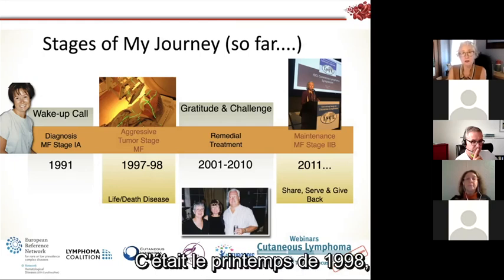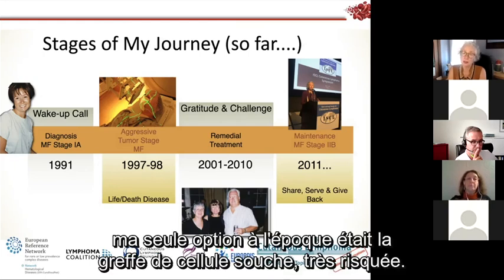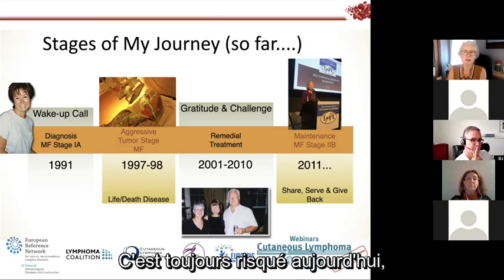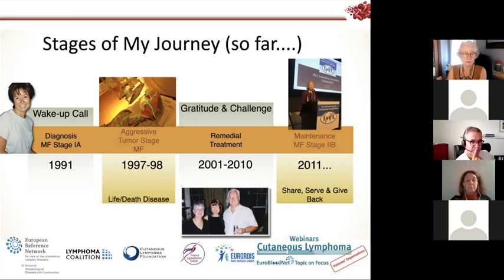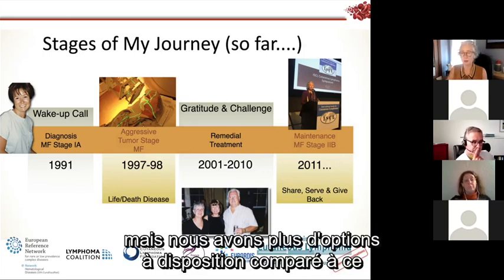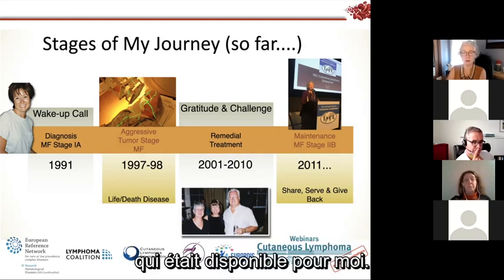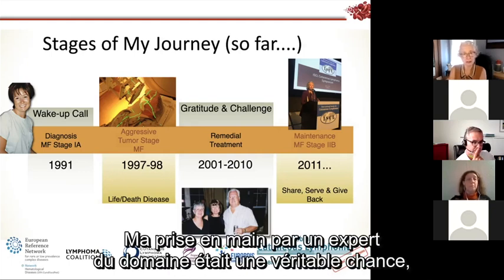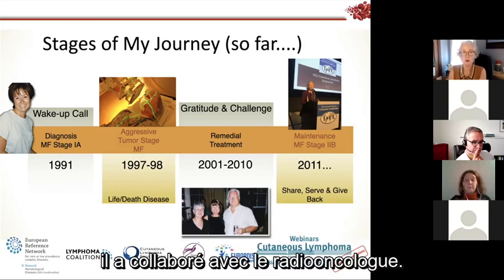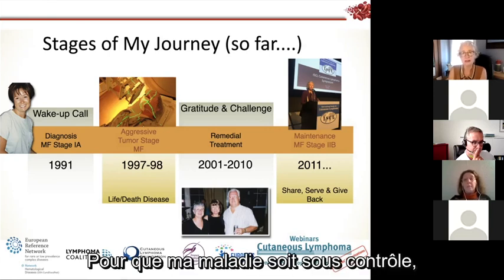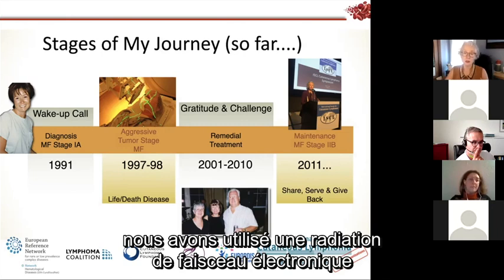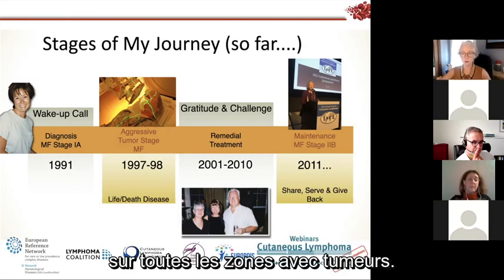In the spring of '98, my only option available at that time was a stem cell transplant, which was very risky. It's still very risky today, but we have a lot more options in our armamentarium for treatments than were available for me. And I, again, was very fortunate to be treated by an expert in the field who collaborated with the radiation oncologist. And in order to get my disease under control, we did targeted electron beam radiation to all the different tumor areas on my body.